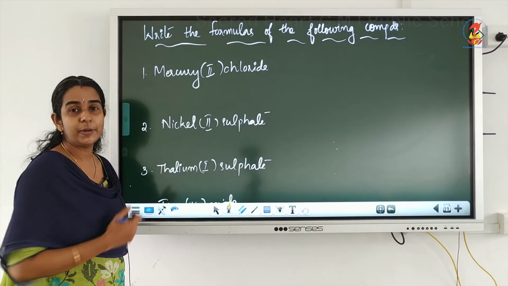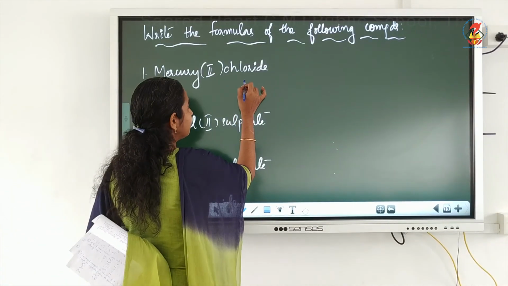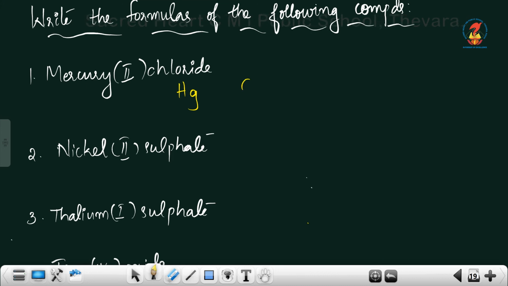the elements present. So first we need to write the elements present, that is one is mercury and the other one is chlorine. Now write the valency. Mercury, the oxidation state is given as +2, so the valency is 2. Chlorine, we know the charge or oxidation state is -1, so the valency is 1. So just transpose it.